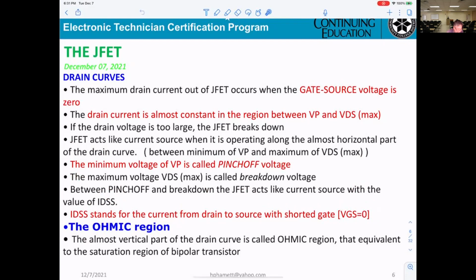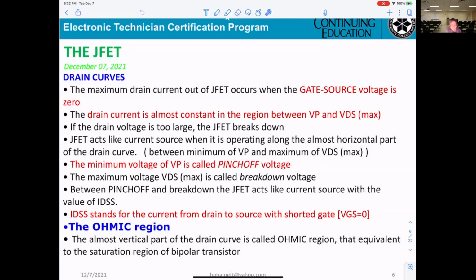Ohmic region: the almost vertical part of the drain current is the ohmic region. That's equivalent to the saturation region of a bipolar transistor. So basically, in a bipolar transistor they call it the saturation region, and in the JFET it's called ohmic.